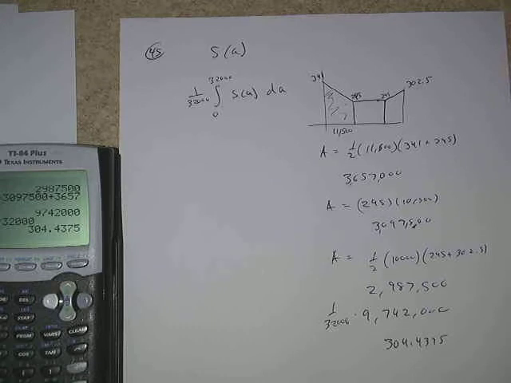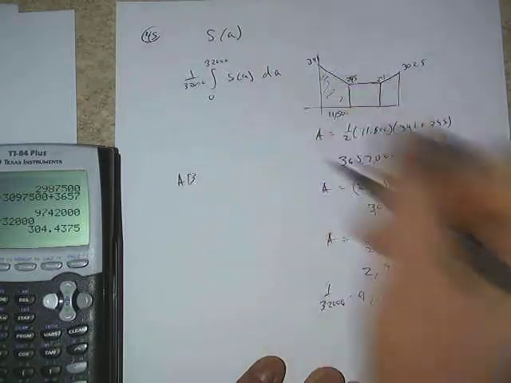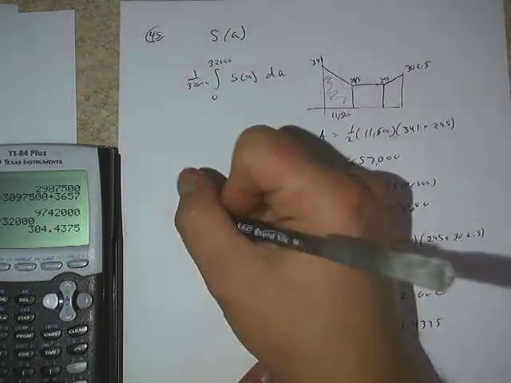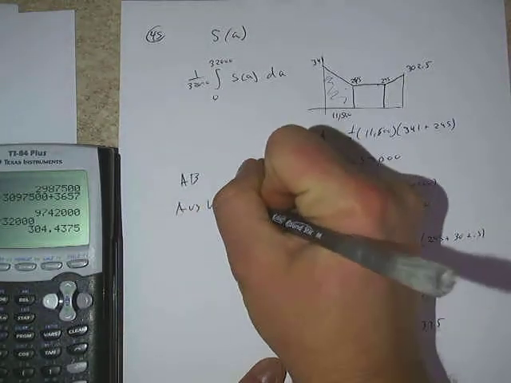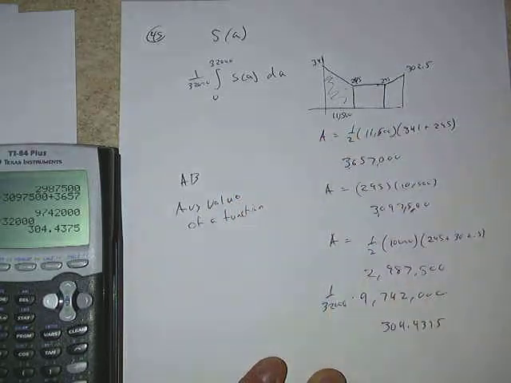And again, that's our area under the curve. We've calculated the area of the three parts here. And if we multiply that by 1 over 32,000, we get 304.4375. Looks like the nearest tenth is the letter C.